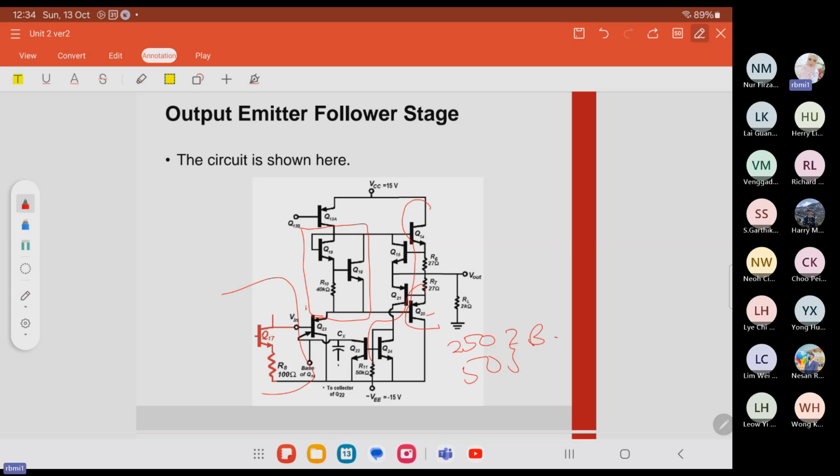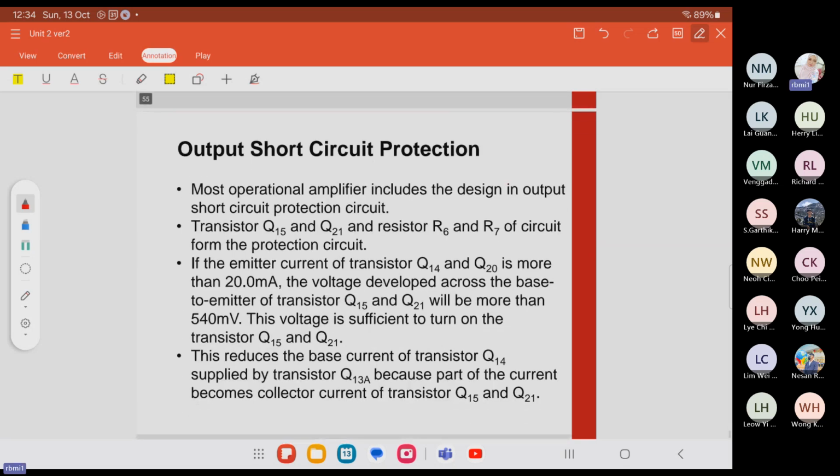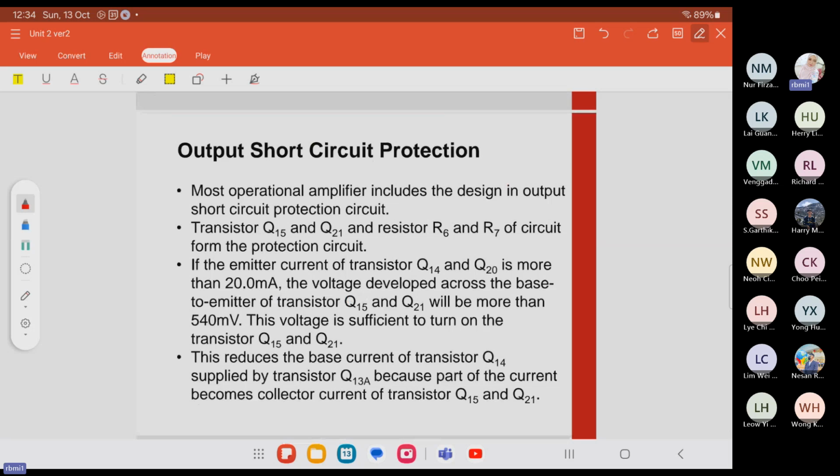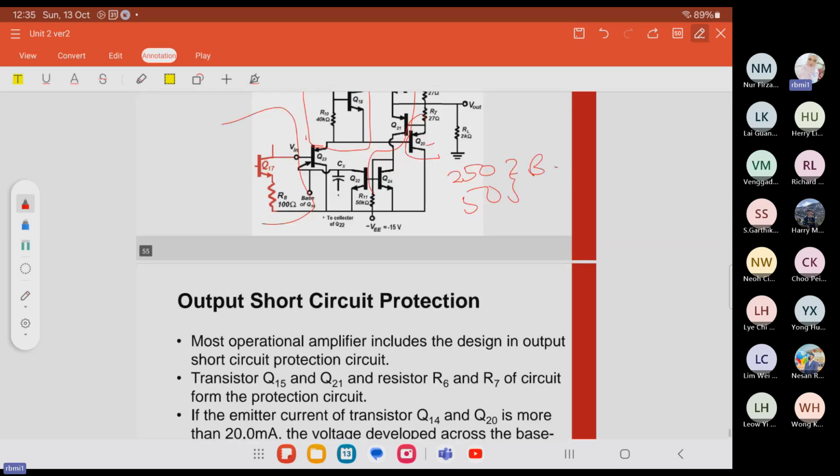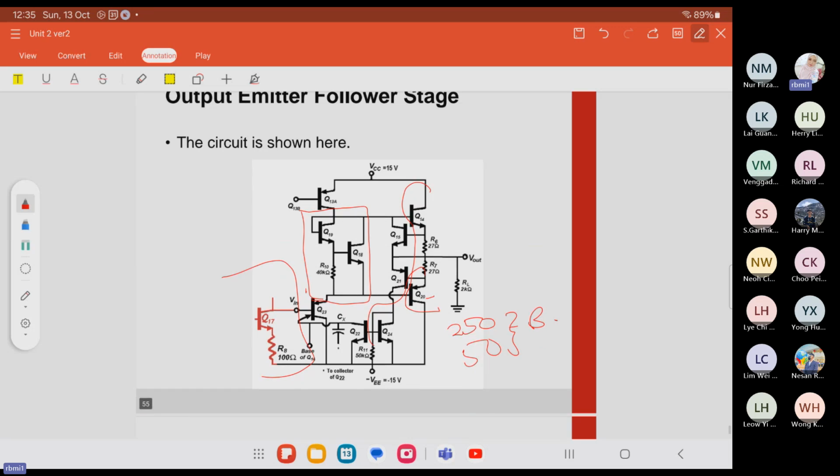For the output short circuit protection, this is the explanation. Most operational amplifiers include a design for output short circuit protection, with transistors Q15, Q21, R6, and R7. This is from the protection circuit.